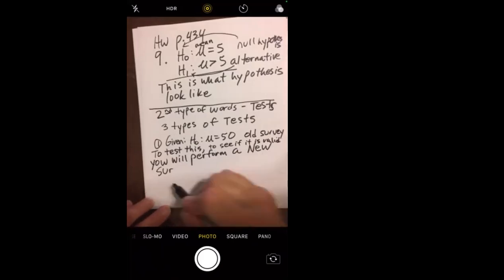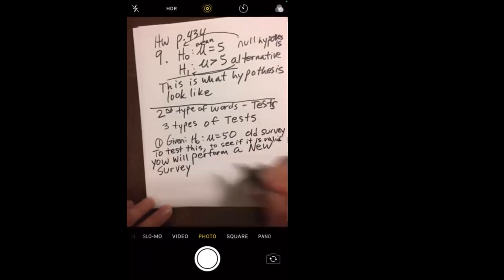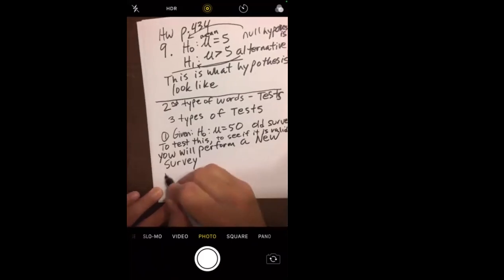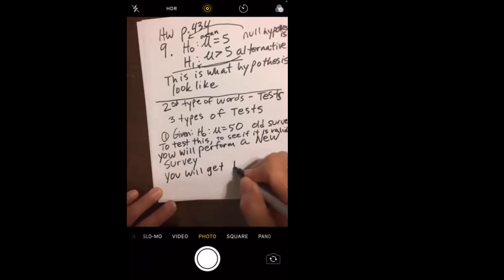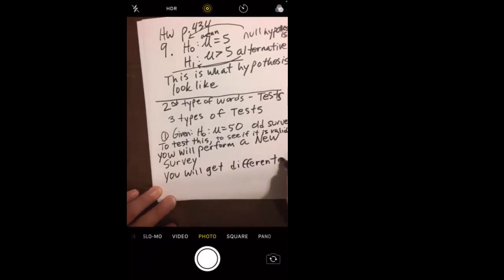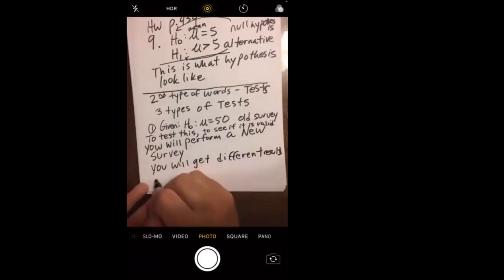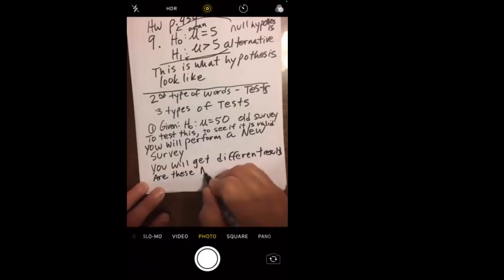You'll perform a new survey. You will get different results. So the question of this whole section is, are these new results different?